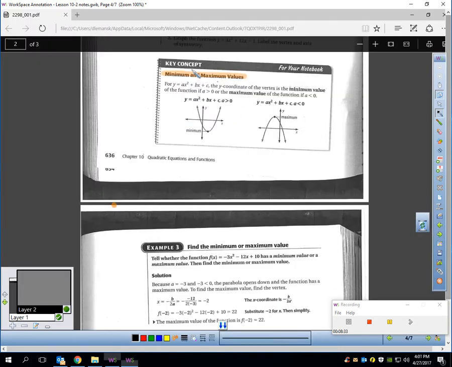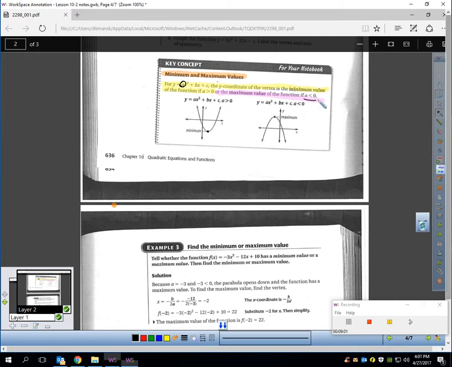Which gets me to page 636. They just talk about that. For standard form quadratics, the y-coordinate of the vertex is the minimum value if a is greater than 0. So in other words, if this is a positive, that means your parabola opens up, which means you're going to have a minimum.